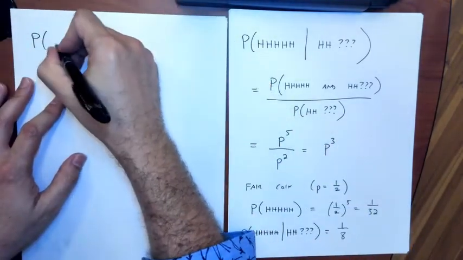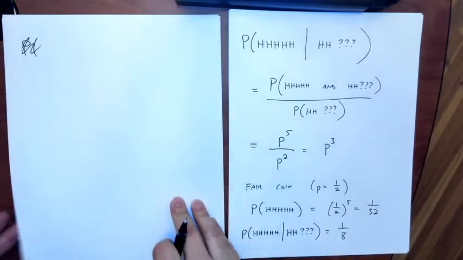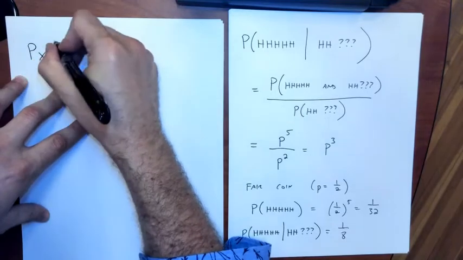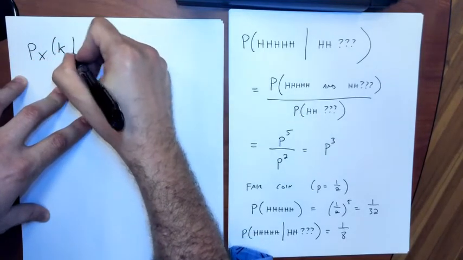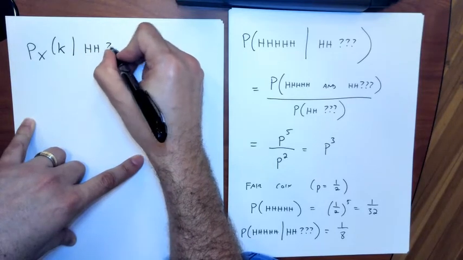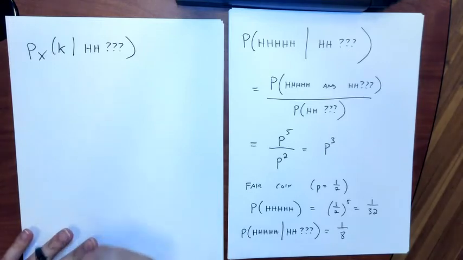So the probability, let me write this again here. Given that I have 2 flips already, well, what would it be?